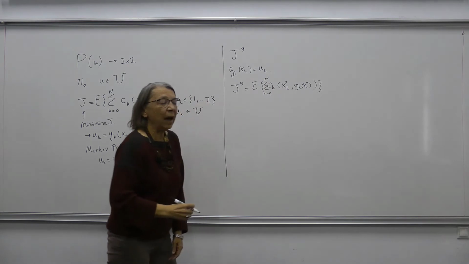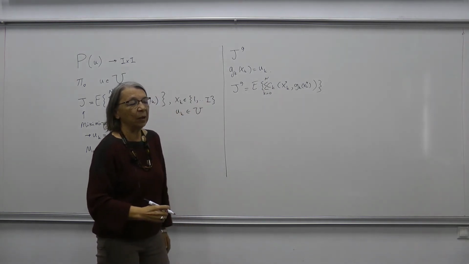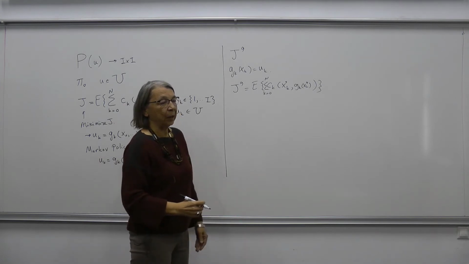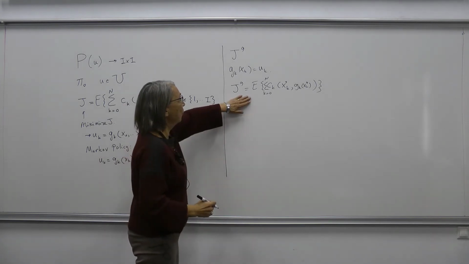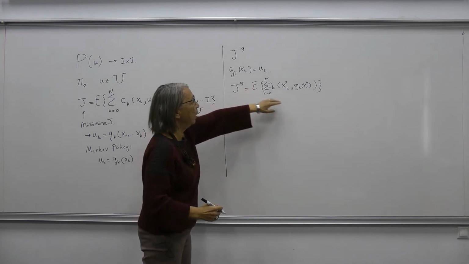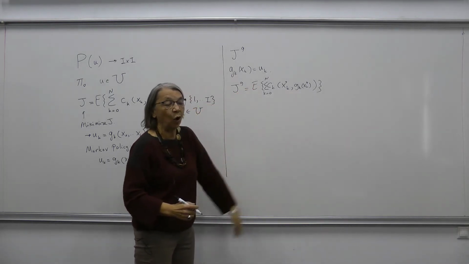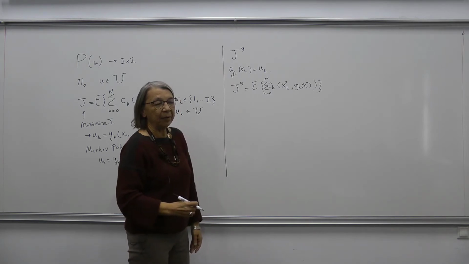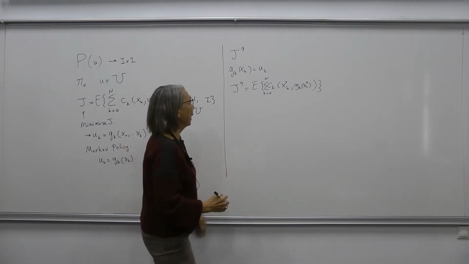And we would like to evaluate this function recursively because it will help us in obtaining the optimal solution. The optimization of this function with respect to UK, or selection of this gk optimally, seems to be a little bit difficult, but however we will see that it is not.